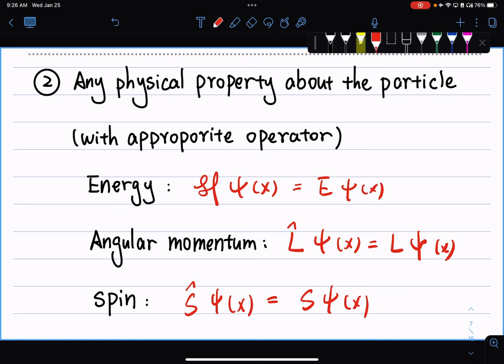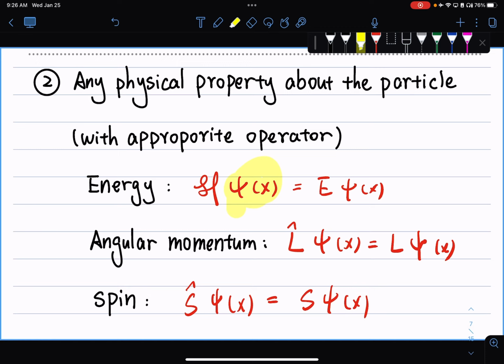So what happens is solving the Schrödinger equation gives you the Schrödinger wave function. So that is the phi x here. And by knowing the wave function, if you have the appropriate operator, use the operator to act on the solved wave function. It will give you the answer, which is the physical property you're asking for.